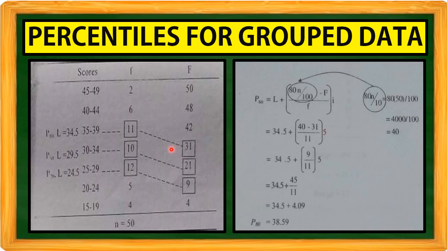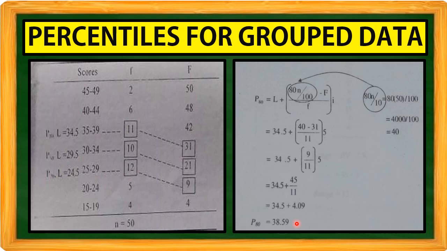So the 31 is the lower cumulative frequency and 11 is the frequency. 34.5 plus 9 divided by 11 multiplied by 5. 34.5 plus 45 over 11 is equal to 34.5 plus 4.09. The 80th percentile, or percentile 80, is equal to 38.59. So that is how to compute percentiles, deciles, and quartiles for grouped data.